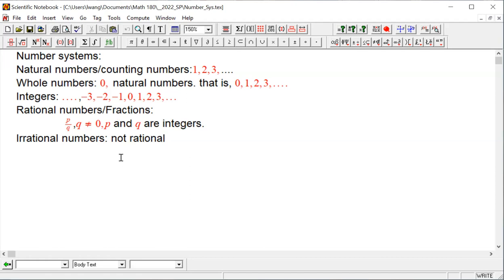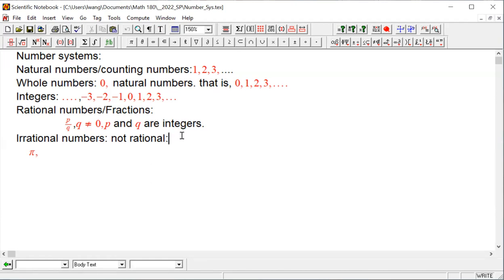So outside the rational numbers, we call them irrational numbers. Do we have those? Yes, look at them. For example, pi is an irrational number because it's neither repeating nor terminating.